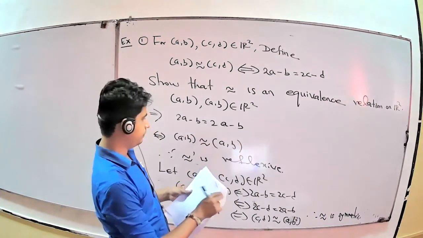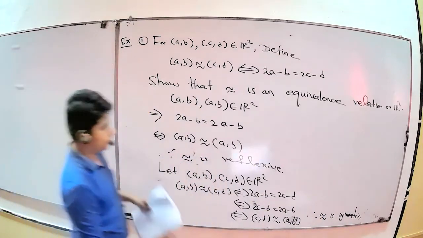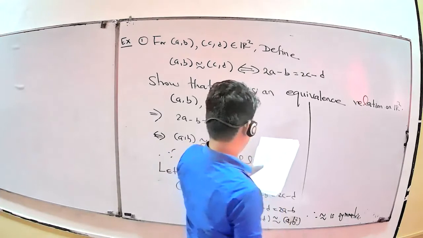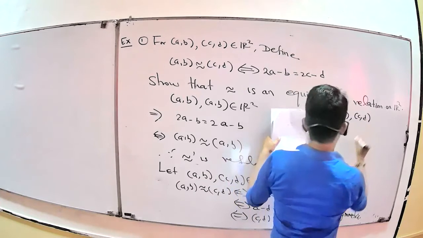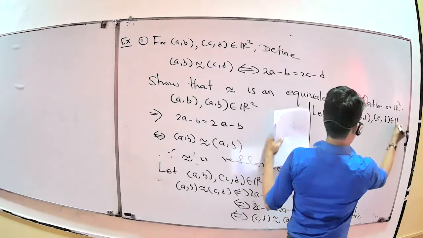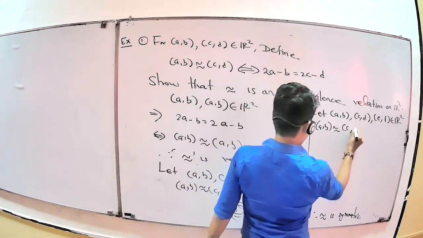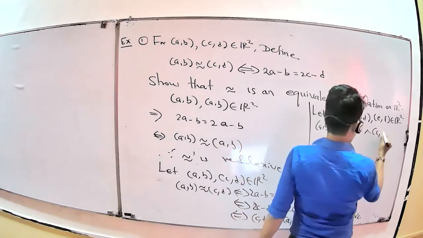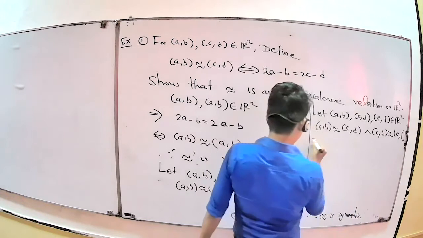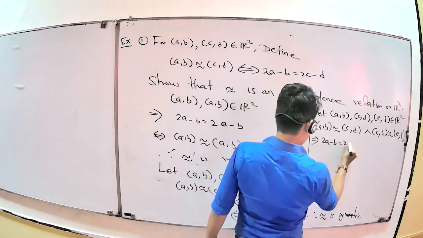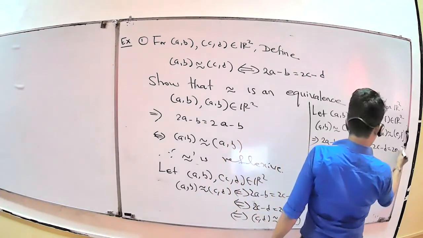For transitive, let (a, b), (c, d), (e, f) belong to R squared. Then you have (a, b) related to (c, d) and (c, d) related to (e, f). On these two you have 2a minus b equal 2c minus d, and 2c minus d equal 2e minus f.